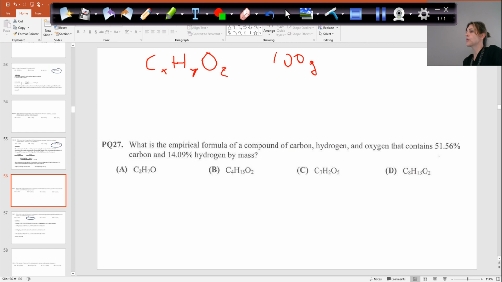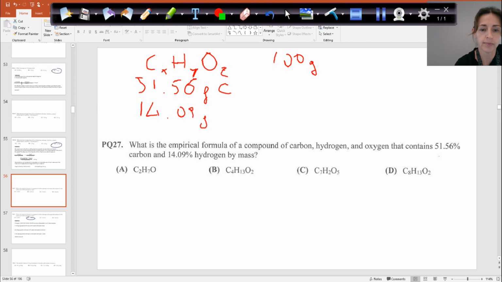In 100 grams, we know that we are going to have 51.56 grams of carbon, and we are going to have 14.09 grams of hydrogen. And how much is the oxygen?